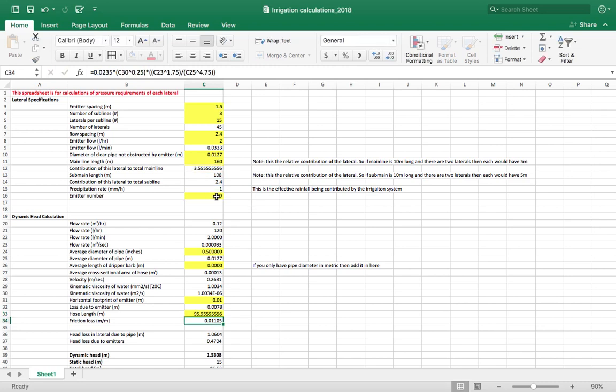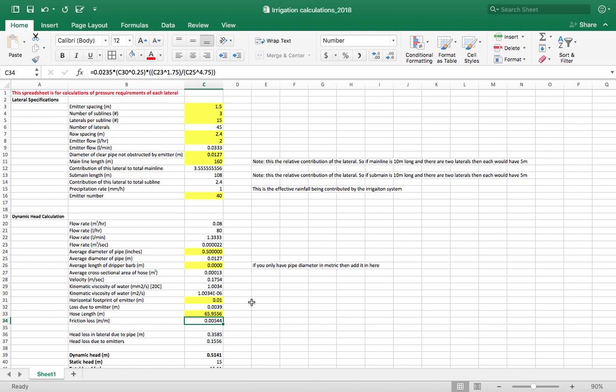It should be 40 if they're every 1.5 meters along the lateral, and the lateral is 60 meters long. So the effective hose length, the amount of length of hose that the water has to pass through to get through all these drippers, is 65.95 meters. Let's get rid of some pesky decimal places.